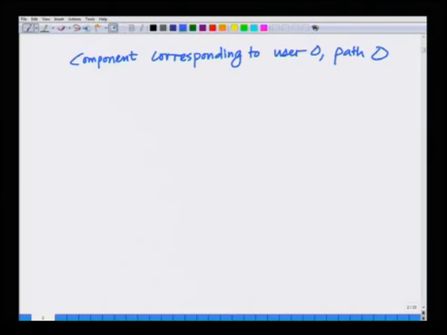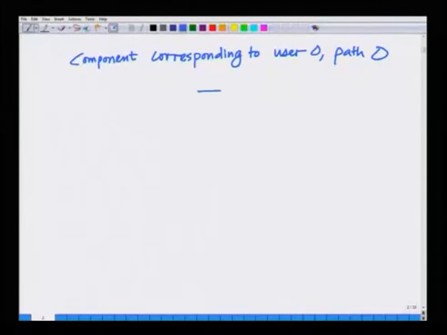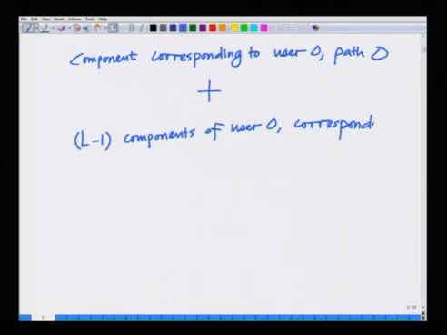Then I have L minus 1 components of user 0 corresponding to the other L minus 1 paths.